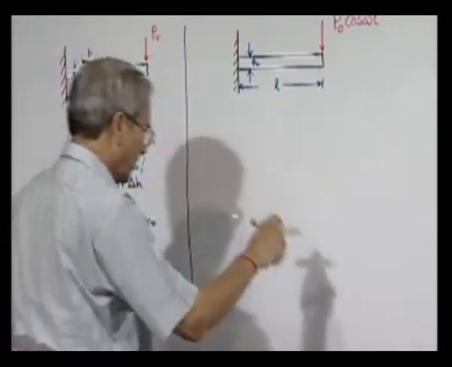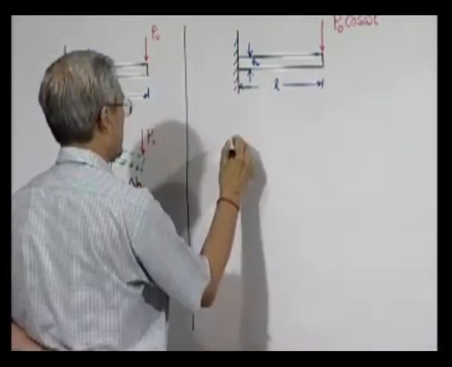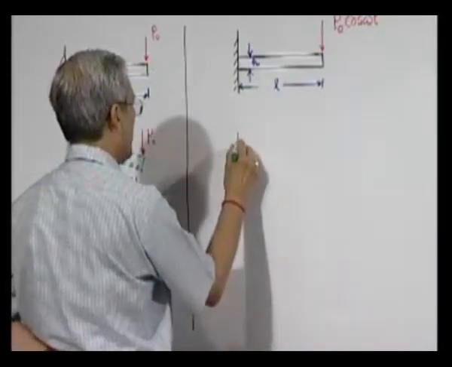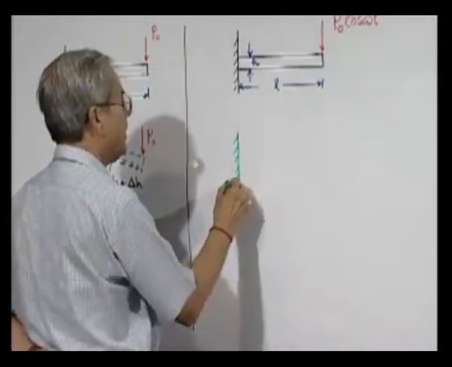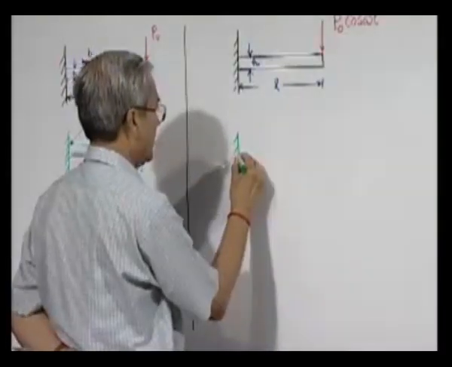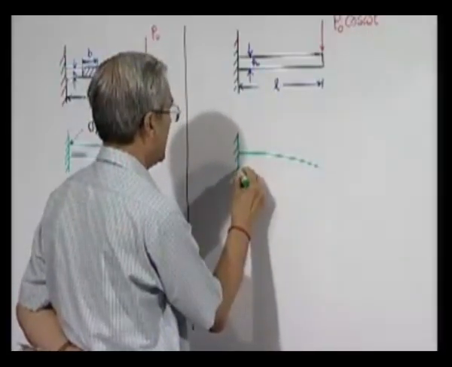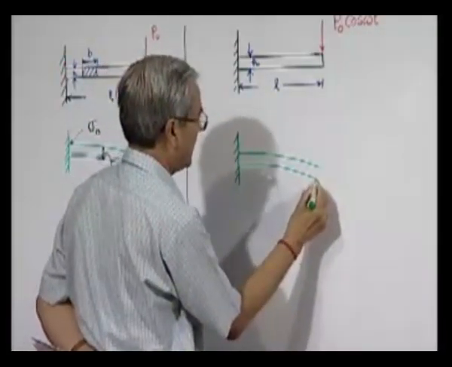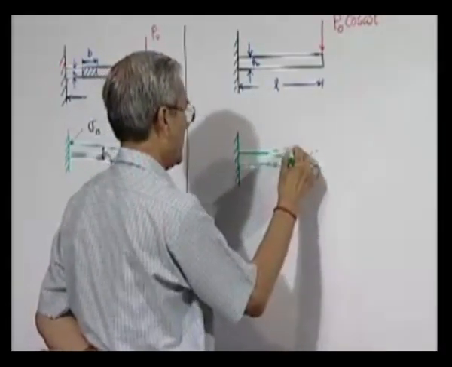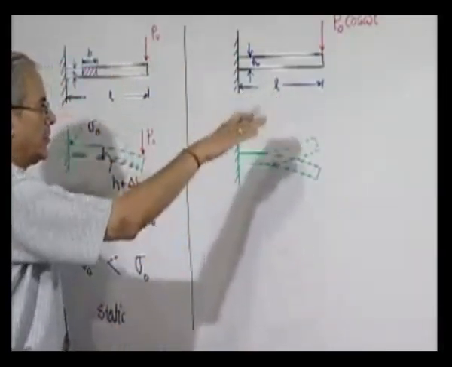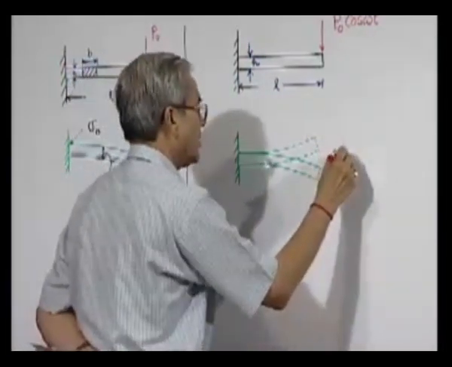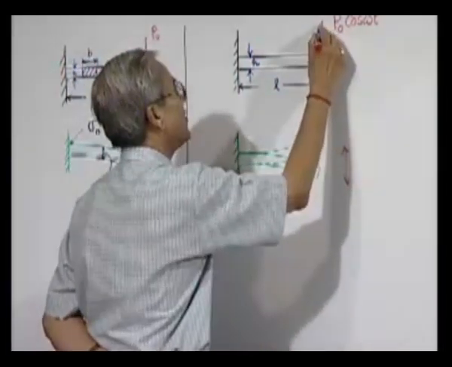Now if we try to take our experience from here and say that the response of the cantilever beam to this fluctuating force will be like this. That means it will have lowermost and uppermost position, because we are subjecting this to this oscillatory force. Actually this will be also oscillatory.